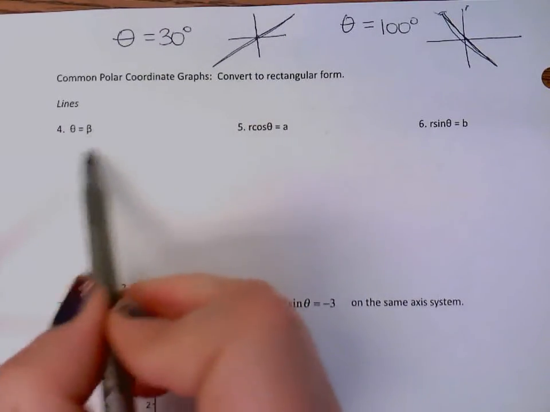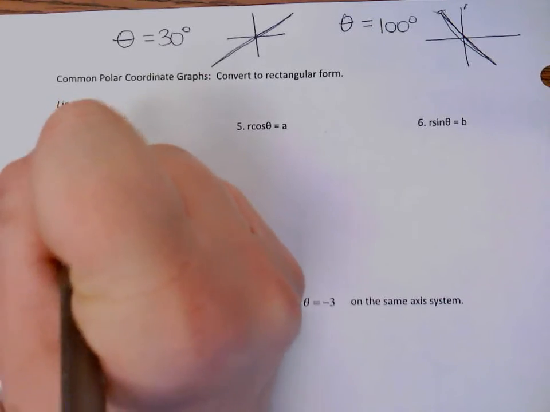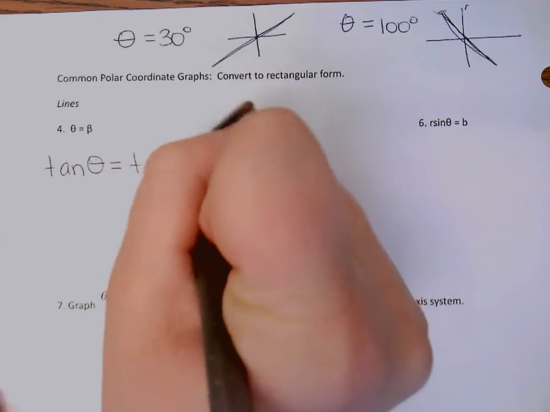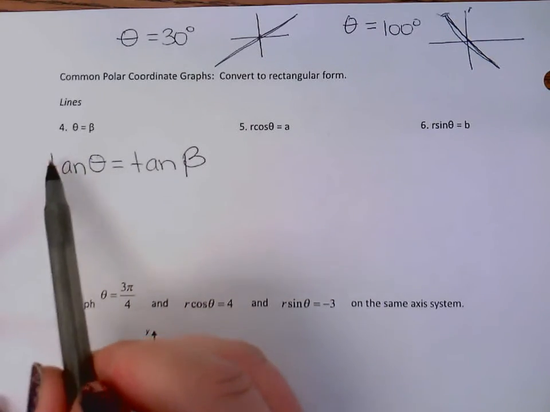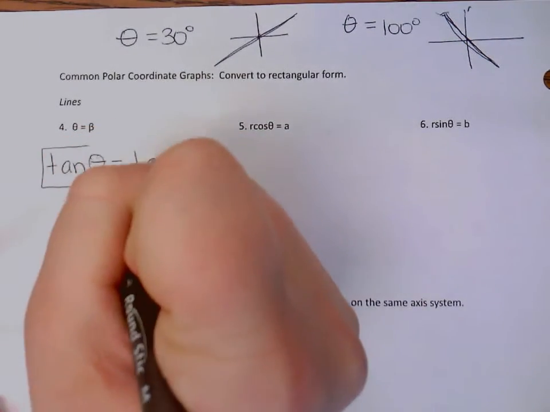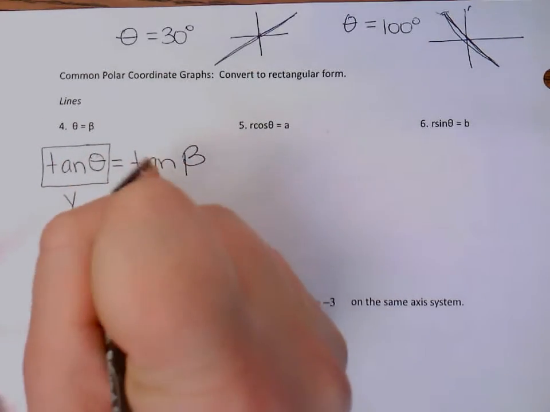If I wanted to convert this into rectangular form, what I would do is take the tangent of both sides of the equation. The tangent of theta can be substituted with y divided by x.